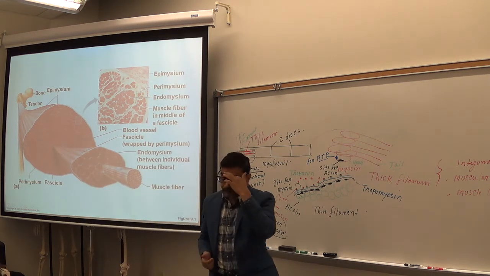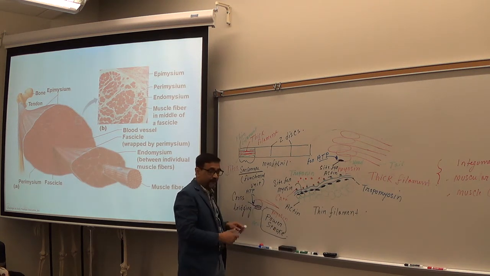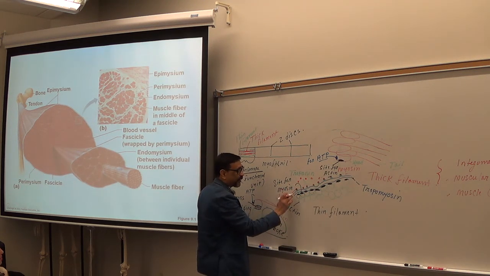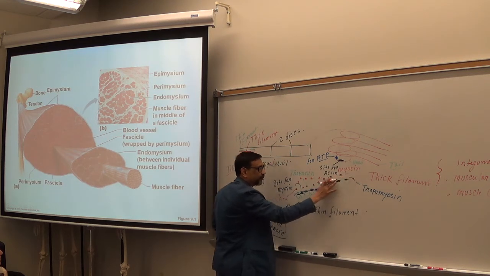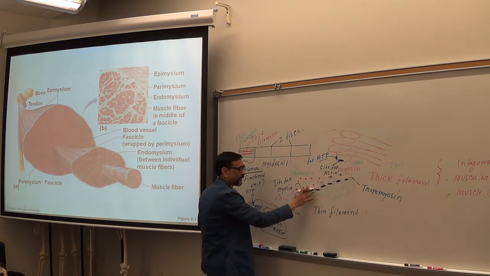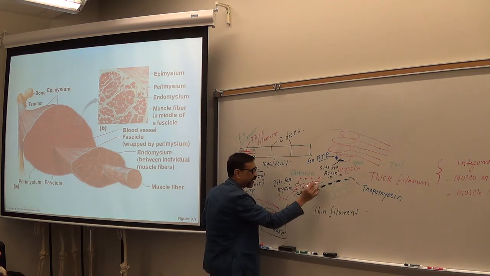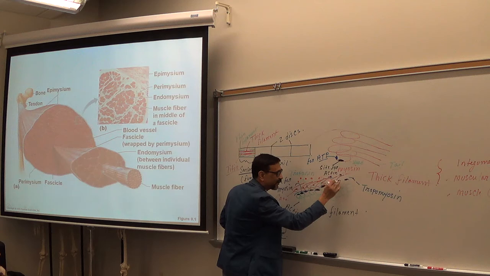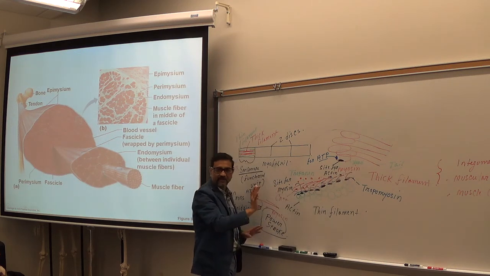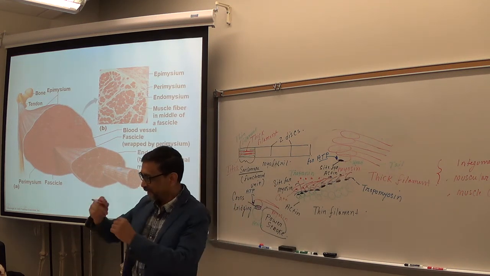Now, you see here, actually what happens, once the rope or tropomyosin is pushed away, all myosin heads get attached at the same time like this. Make sense? Millions of myosin heads.